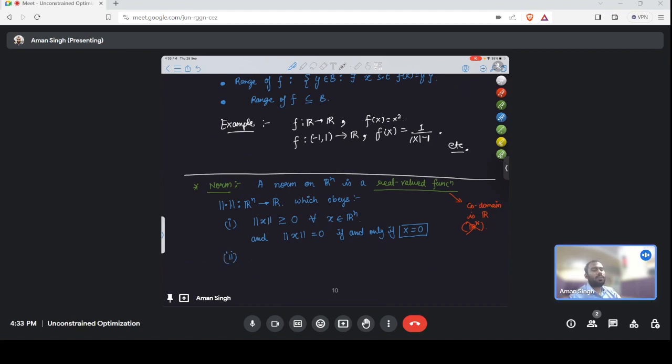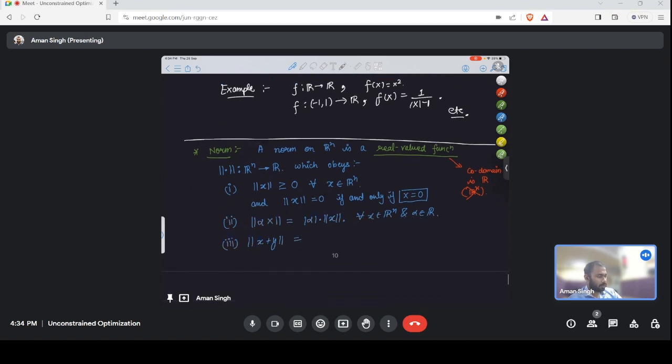The second property that it has to follow is, let's take the norm of a scalar multiplication of x. It should be equal to the absolute value of that scalar multiplied by the norm of x, for all x belonging to Rn and alpha belonging to R, a real number. Also, one more thing is it should follow the triangle inequality.